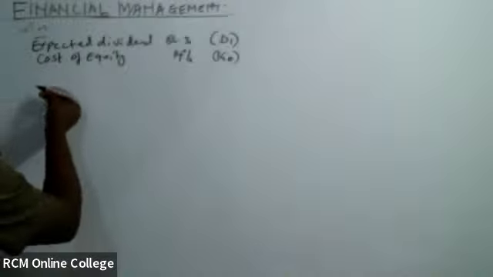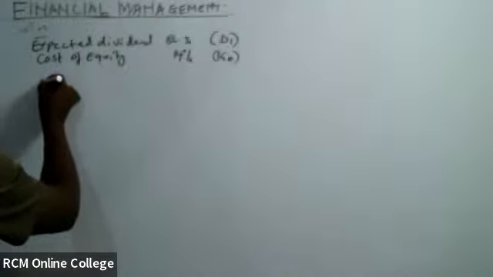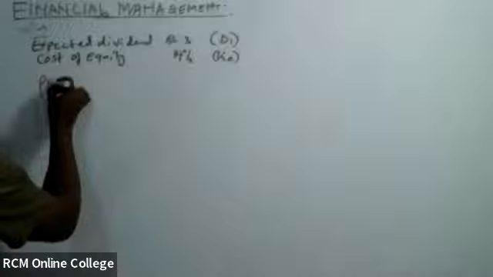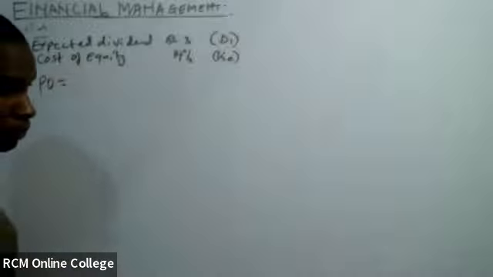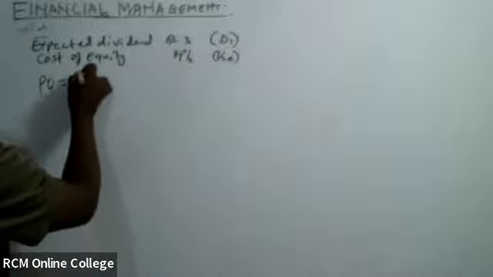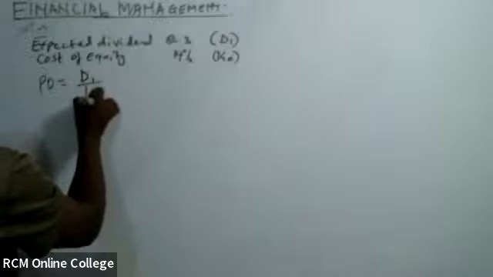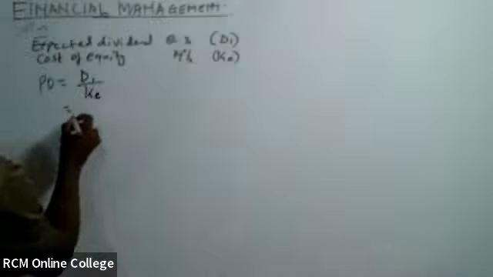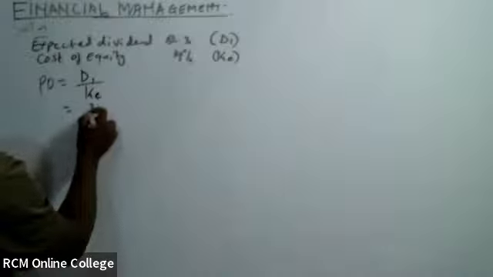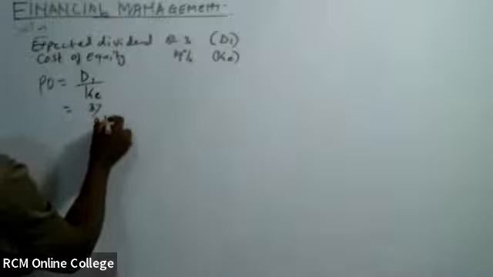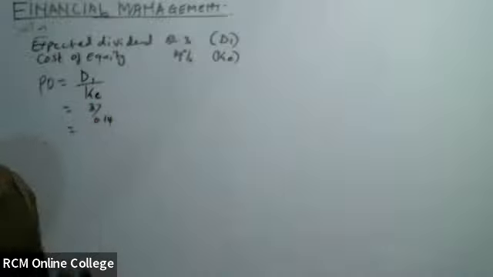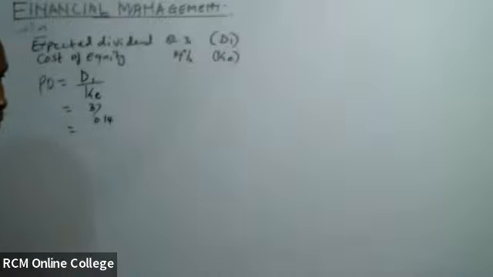So to get the intrinsic value, or P0, will be equal to D1 over KE. So simply, I'll be having 3 over 0.14. And my result will be how much? Somebody?